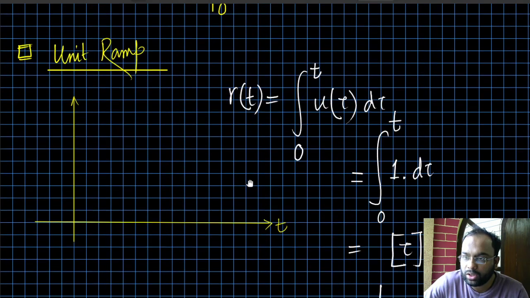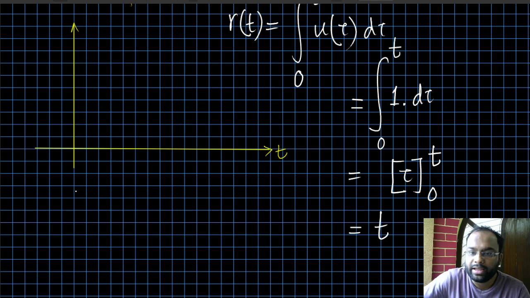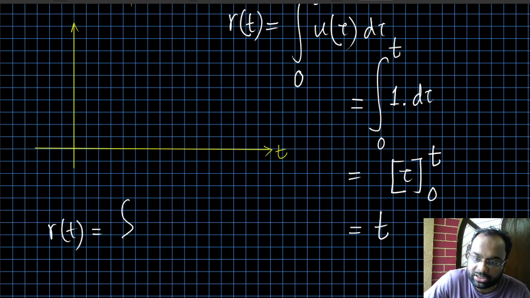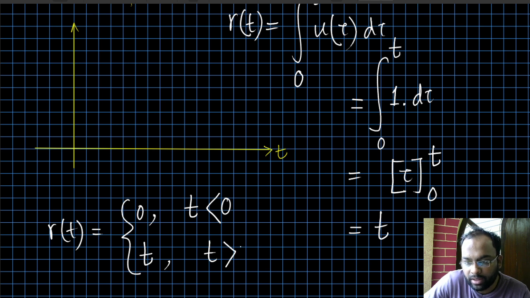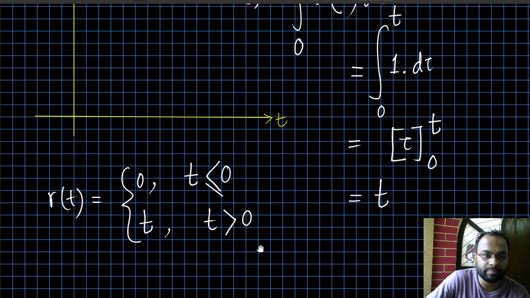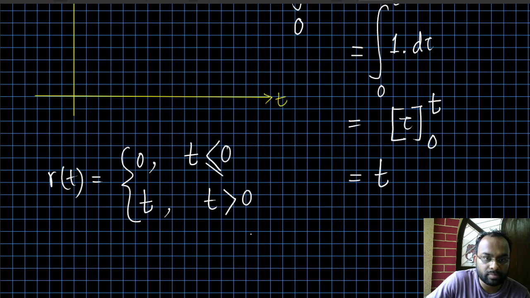With that said, the unit ramp function is defined as this. A unit ramp function has a value of 0 before time t equal to 0, and it has a value of t after that.